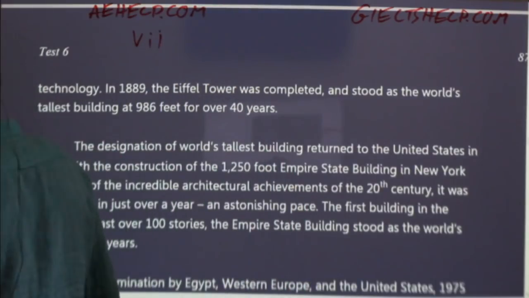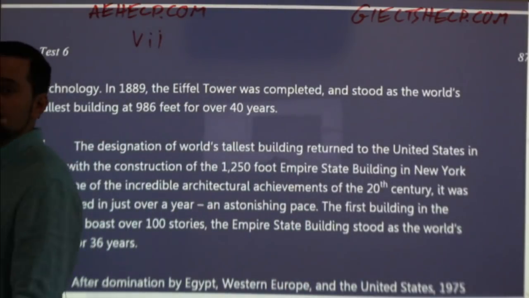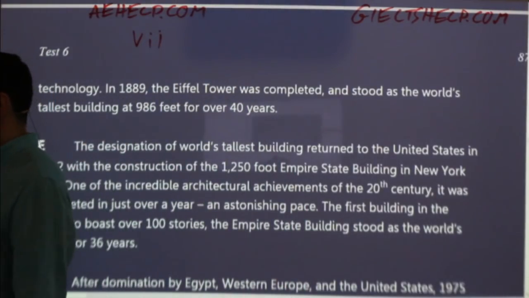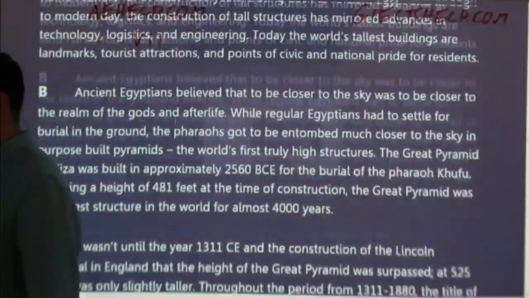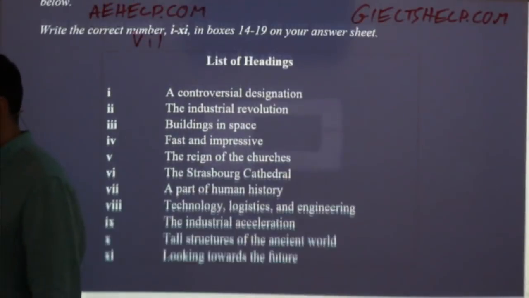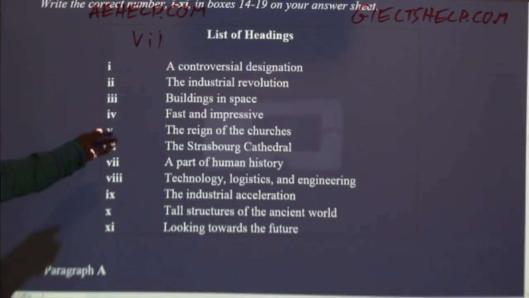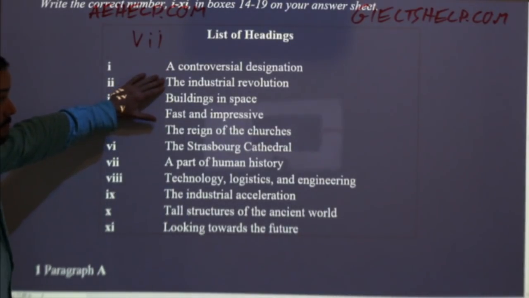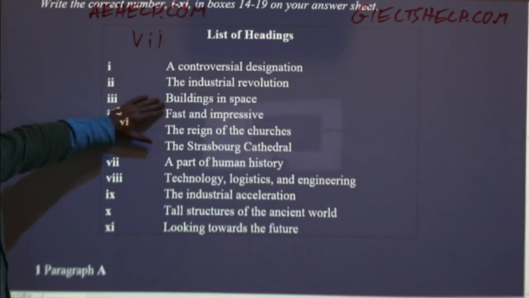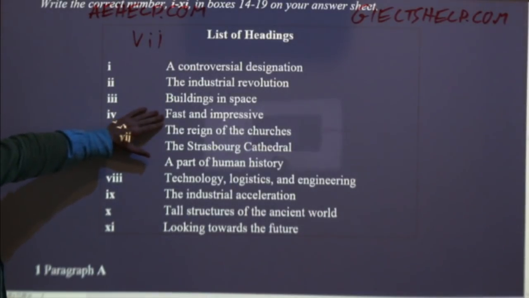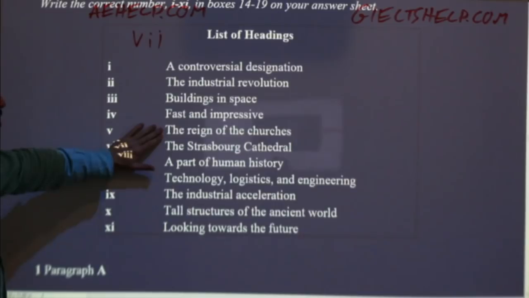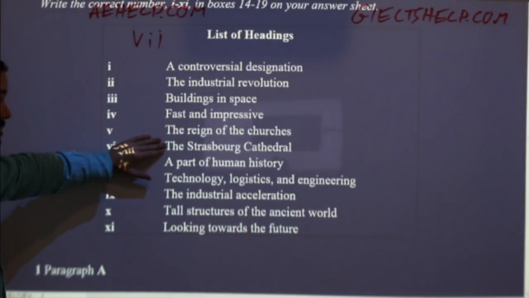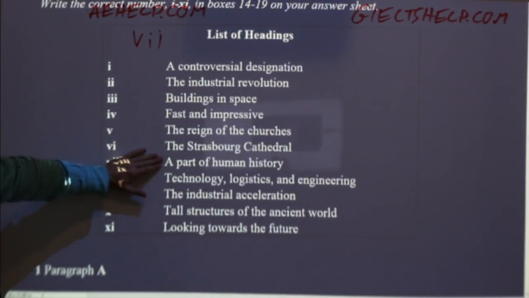Let's see if we can find something that matches what some of you students and what I just said. Okay, so controversial designation, I don't know. The Industrial Revolution, maybe that was in there. Buildings in space, fast and impressive, I don't know. The reign of the churches, the Strasbourg Cathedral, doesn't look a part of human history.